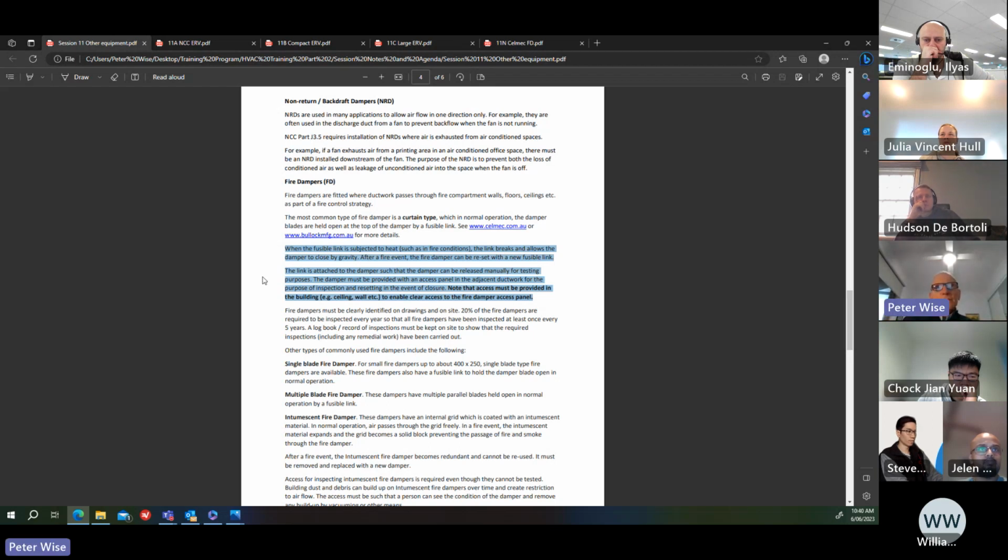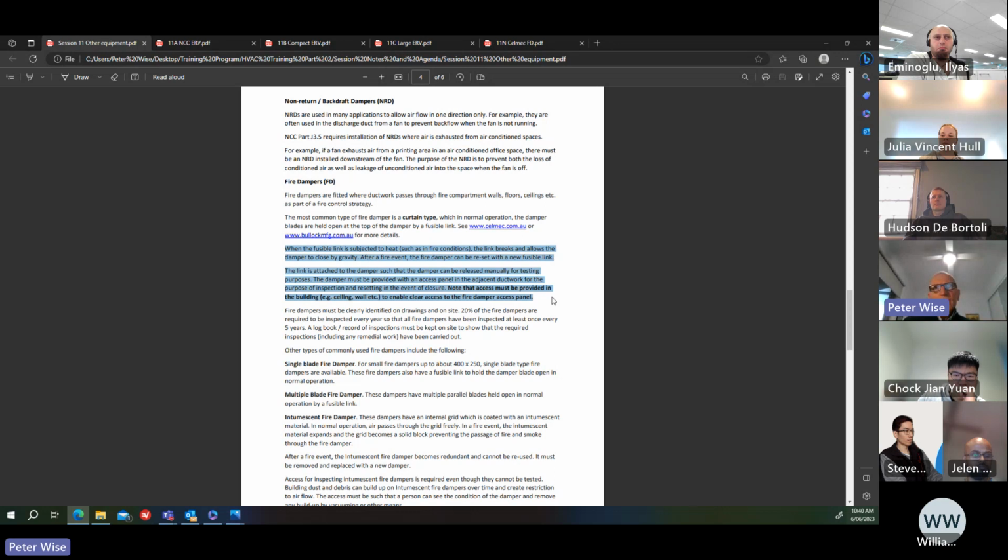The link is attached to the damper in such a way that the damper can be released manually for testing purposes. So you can release the link and let the blades drop to ensure that the fire damper is working. The damper must be provided with an access panel in the adjacent ductwork for the purpose of inspection and resetting in the event of closure.